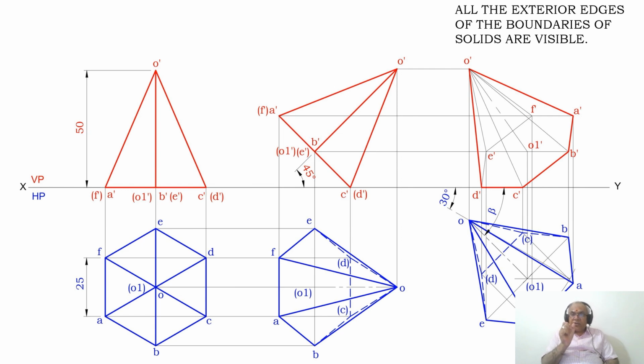Why do I need to find out the apparent inclination? Because once the axis becomes inclined to HP, you are going to get the apparent length in the top view, that is the second position top view. And since I want to rewrite the second position top view here, therefore I need to find out the beta inclination of the axis.